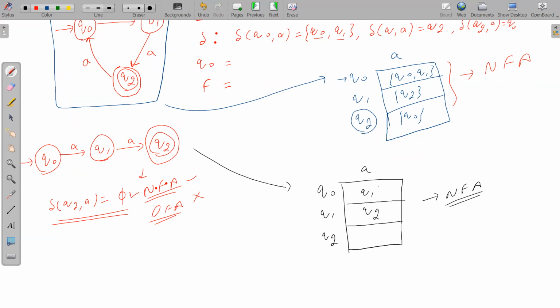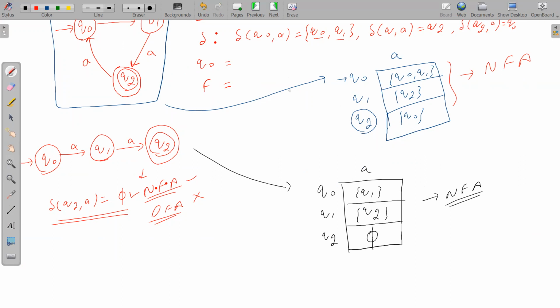Better practice is to apply brackets here, because these are nothing but sets of states. So in place of keeping the cell blank, you can write phi also. If any cell has two or more entries, or any cell is empty, that is the basic meaning of NFA. Simply, no choice or no dead configuration means it will be a DFA. If you have a choice or dead configuration, then it will be an NFA.